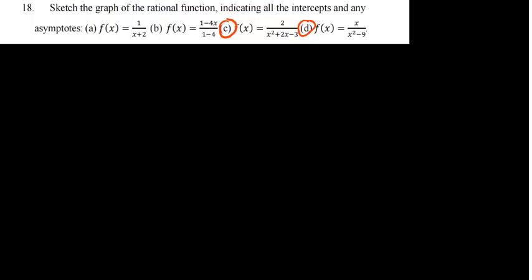In this question, they didn't ask us to find the domain, but for 1100, for 1120, they clearly indicate to find the domain and the range, and also find the asymptote. But in this case, they are just asking us to find it. If you know how to find the domain and how to find the range of the rational function, believe me, you know how to find the asymptote.